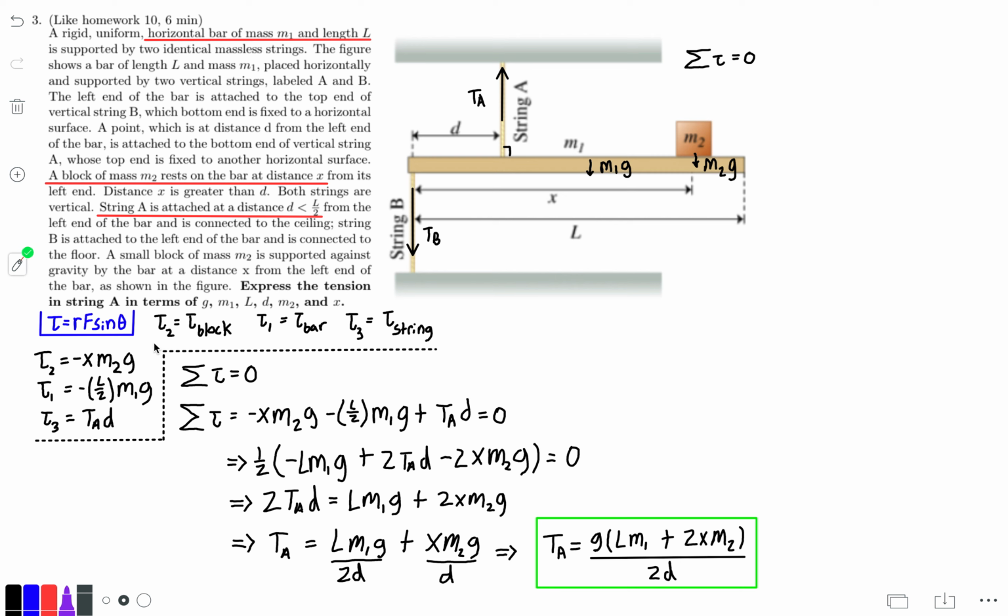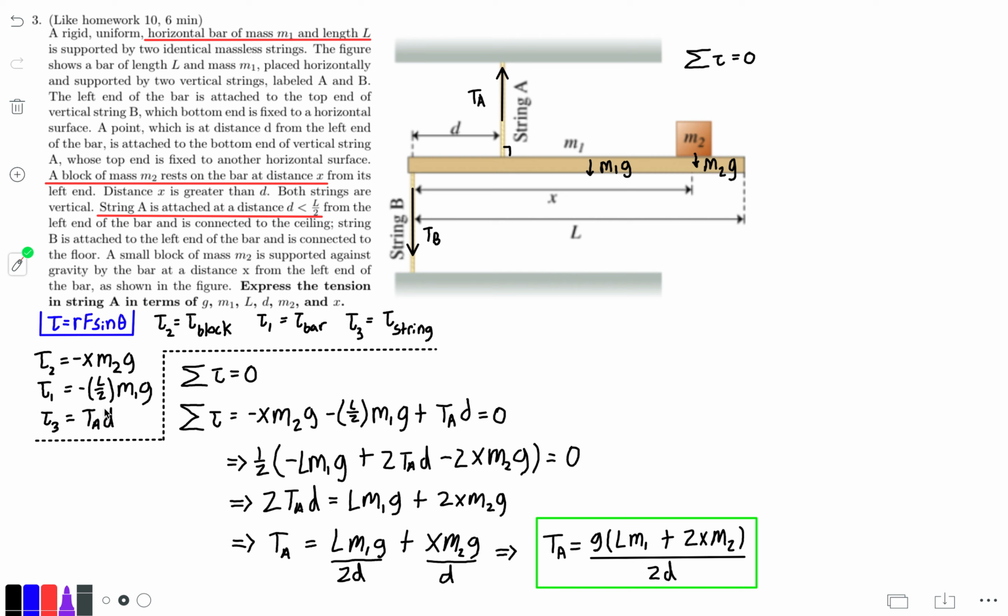So I've defined our torques here, and I've written them out. Since the center of this mass is at L divided by 2, this is going to be our radius for this torque. We're going to be using radius x for this torque because it's x distance away, and we also have our distance d from our problem.